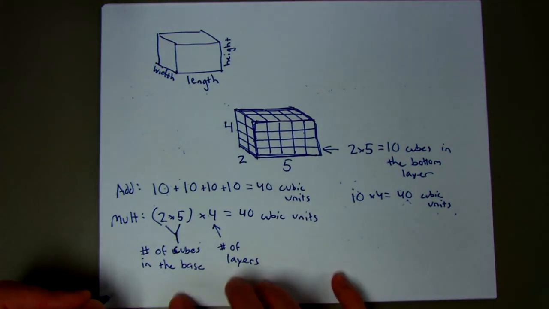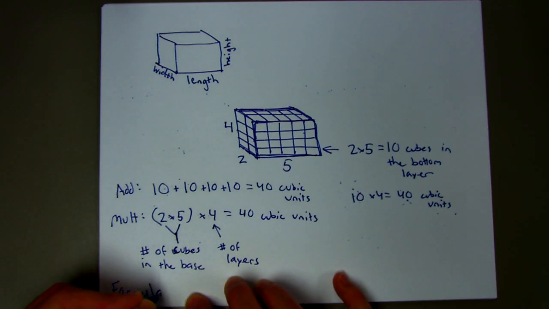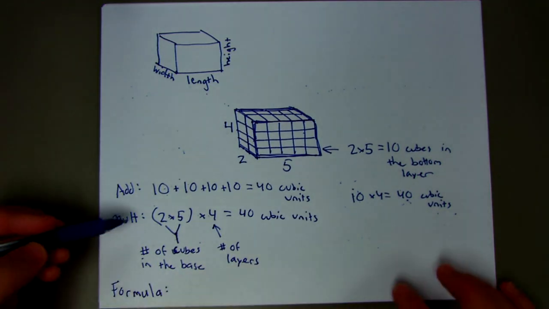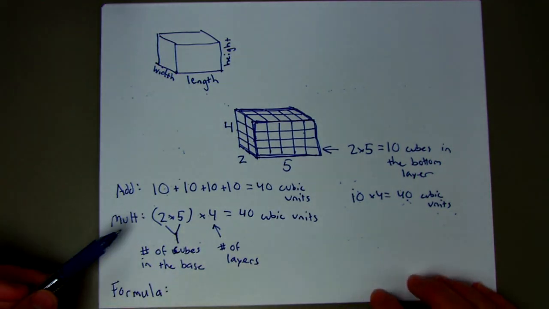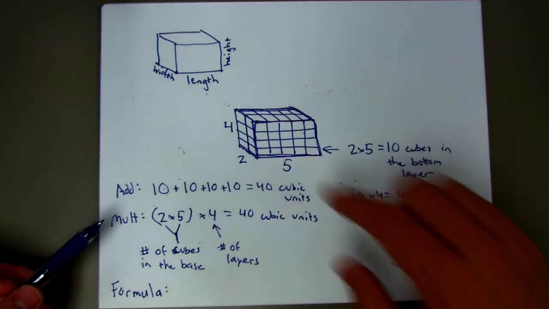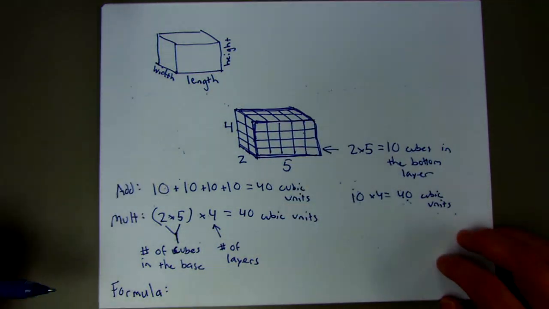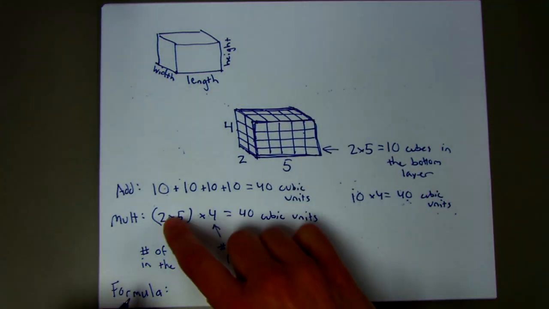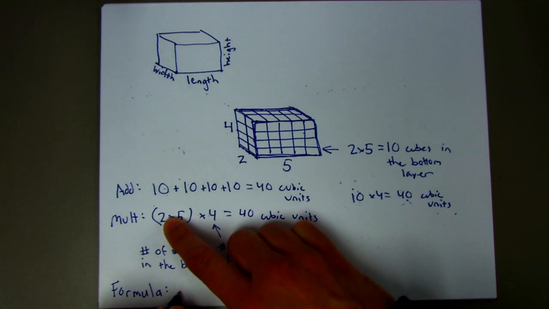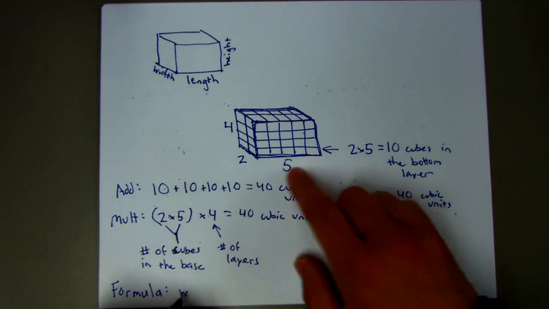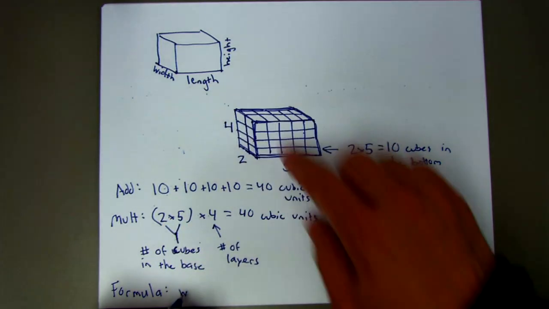Well, this leads us to being able to come up with a formula, an expression we can use to find the volume of any 3D rectangular prism. So we just took the width, 2, multiplied it by the length, 5.